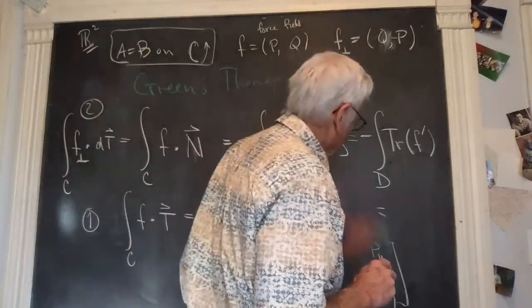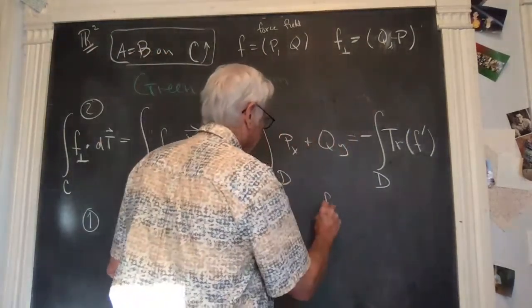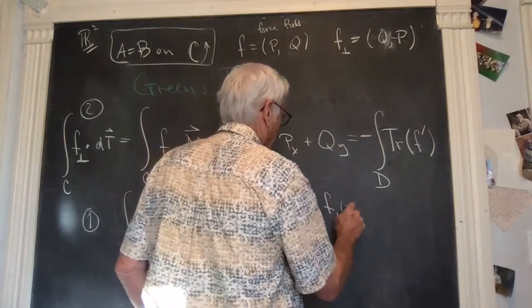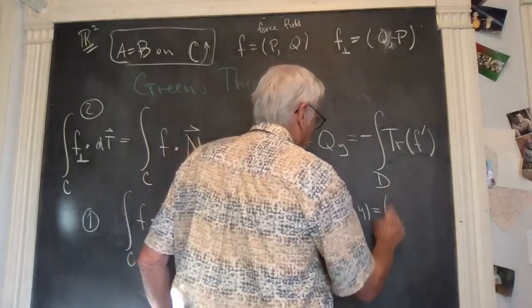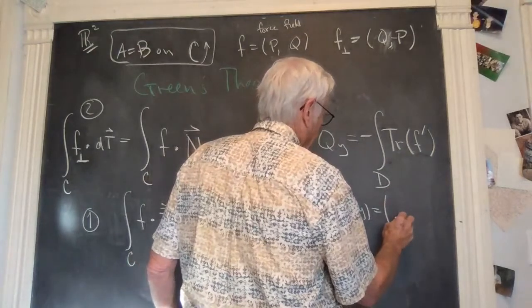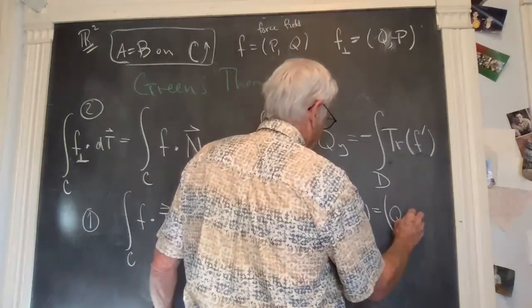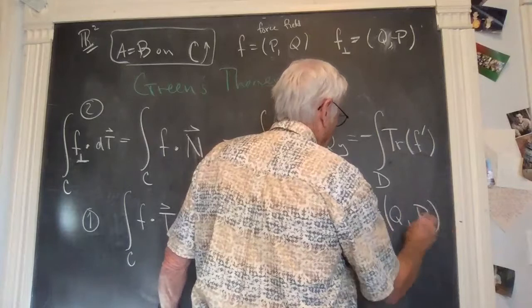Let's look at f perp. f perp of x and y is q, minus p.